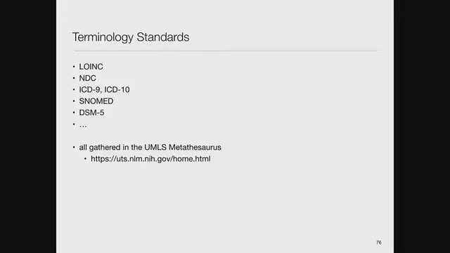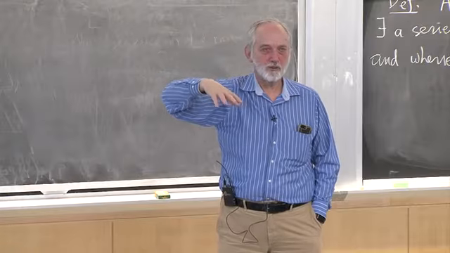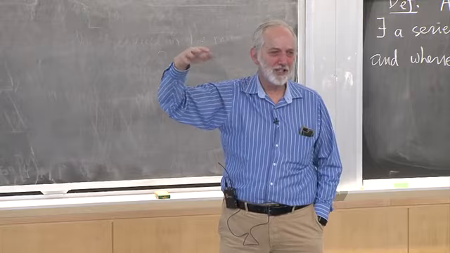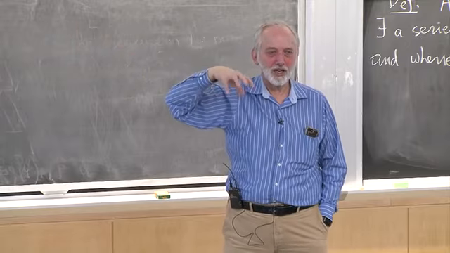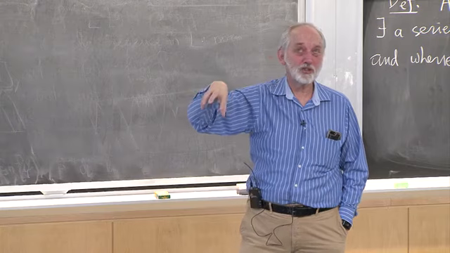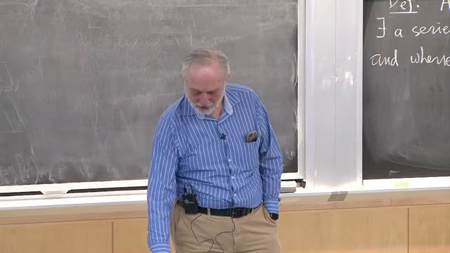There's something called the Unified Medical Language System Metathesaurus from the National Library of Medicine that integrates about 180 of these different terminologies. And so there is a nice one-stop shop where you can get all these things from them.